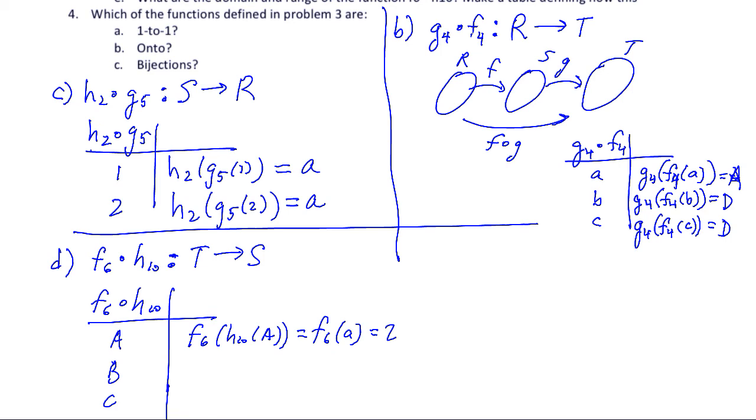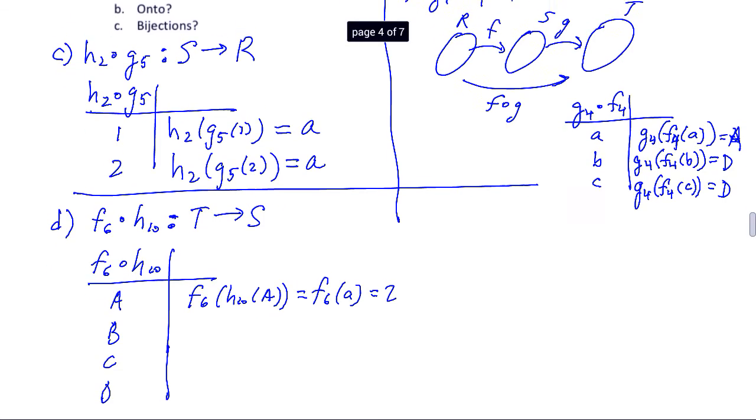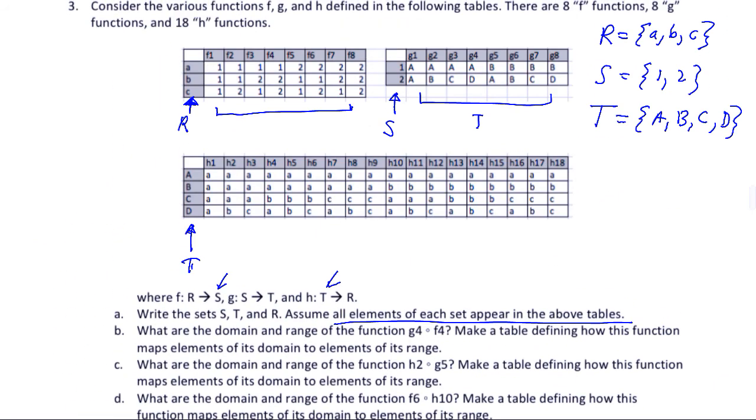And I can similarly use H10 and F6 on A, B, on B, C, and D. I'm just going to do it by looking at it. F6 of H10. H10 maps A to A, B, A, A. Okay? And so F6 of little b is a 1. Okay?